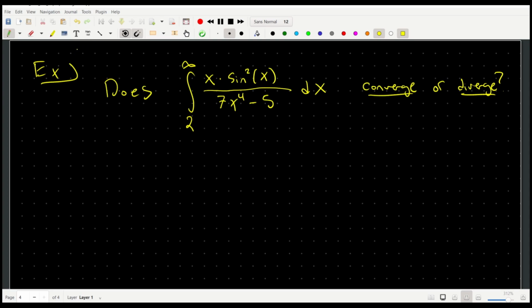We're going to use the DCT here to figure out whether it converges or diverges.